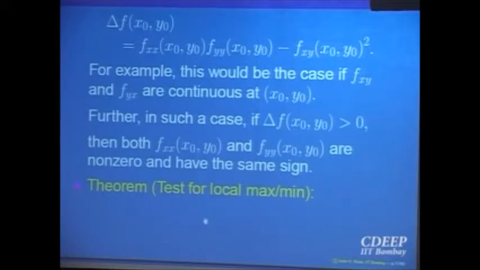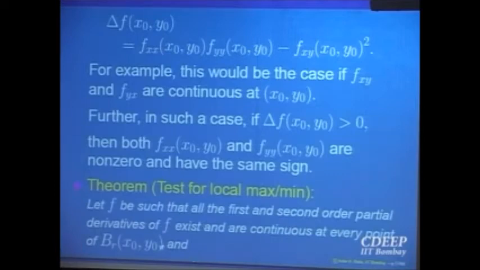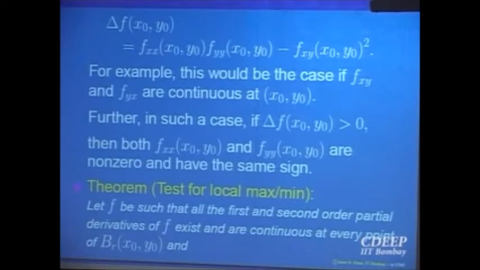So now let us state the conditions. First of all, f should be such that both first and second order partial derivatives of f exist and are continuous in a neighborhood. That blanket assumption ensures nothing goes wrong. Mixed partial derivatives are equal. The function is also differentiable.